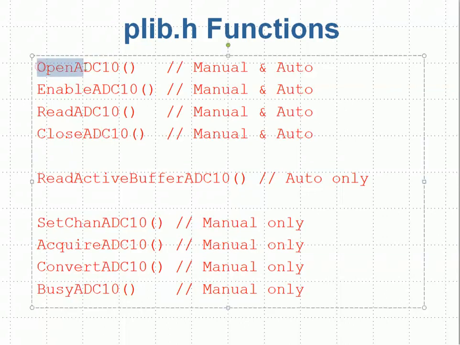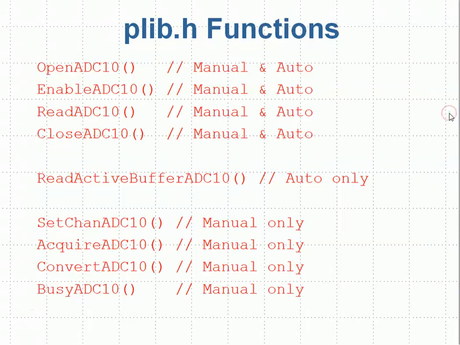The big function is this guy, OpenADC10. That's where you configure everything that you need to make this work properly. ReadADC is where you get the voltage measurements back. Okay. CloseADC should be obvious.